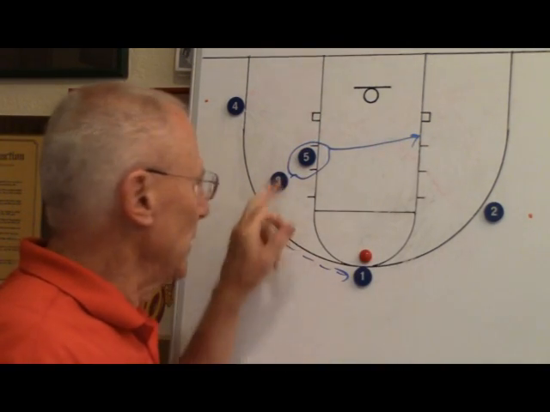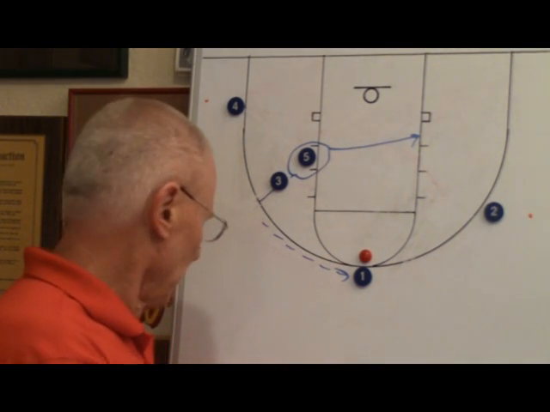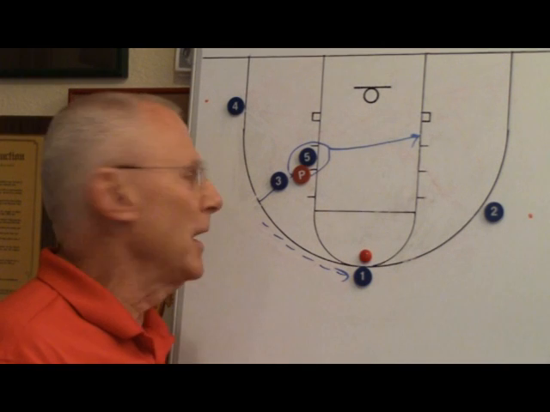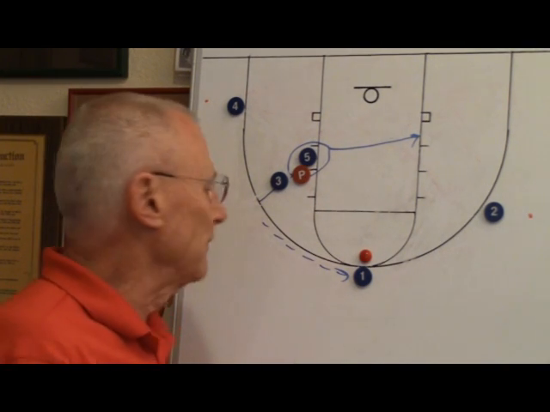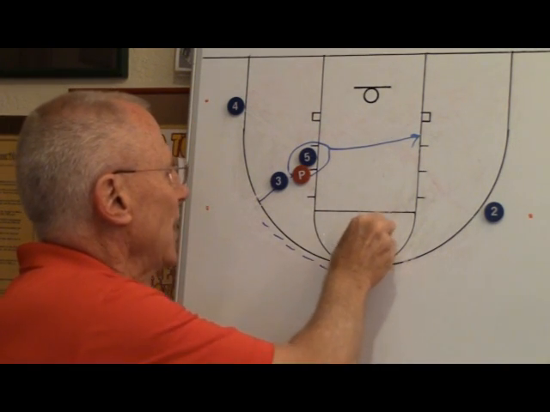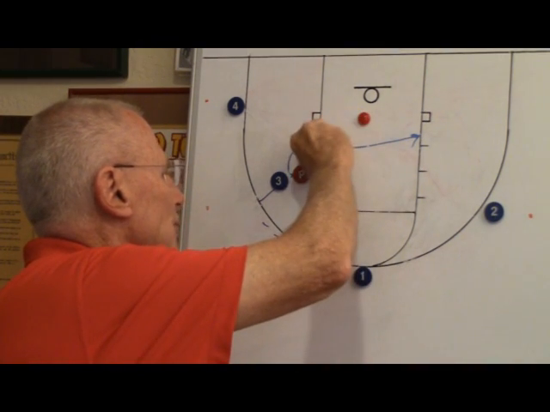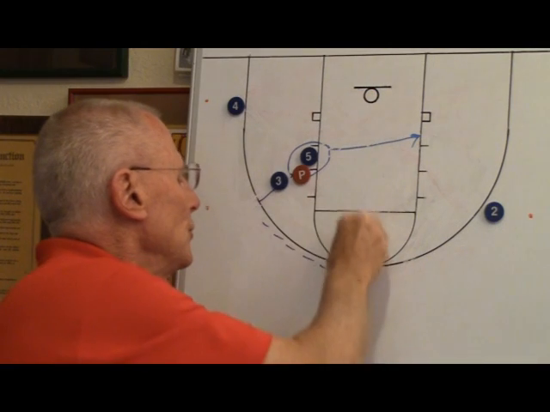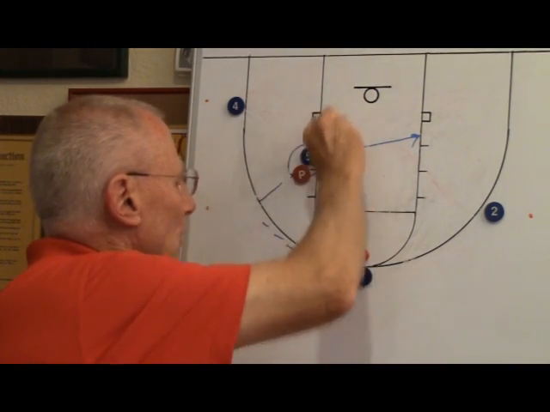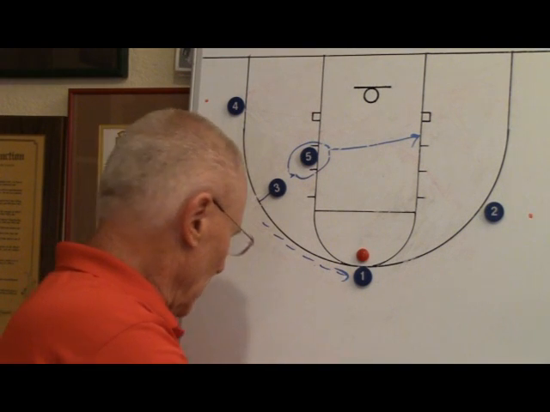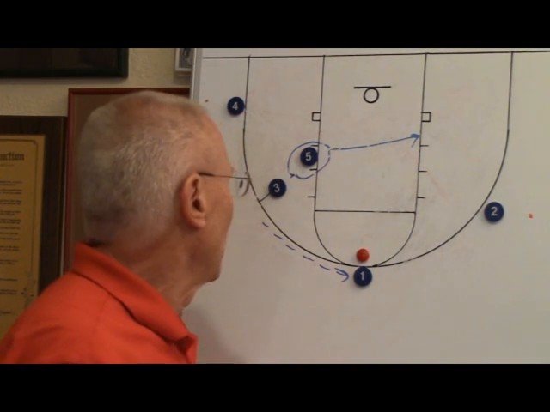But the reason that 3 creeps into here is that if, let's say, 5 has a defender on the high side, this red post defender, 1 sees that and says, hey, I got a baby lob right there. 1 can go get that and score that. All right, so we don't want 3 to make this high-low cut too soon, because we may have the possibility of getting the ball to number 5 right here.